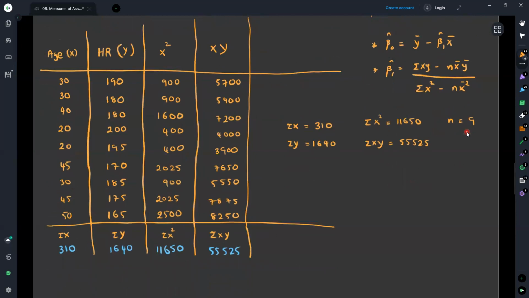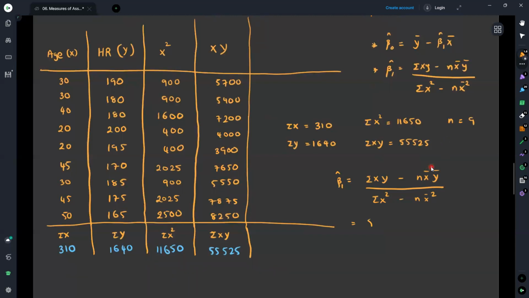Then we can compute the value for beta 1 hat first. It can be taken as summation of xy minus n times x bar times y bar over summation of x squared minus n x bar squared. Here we can perform the calculation.